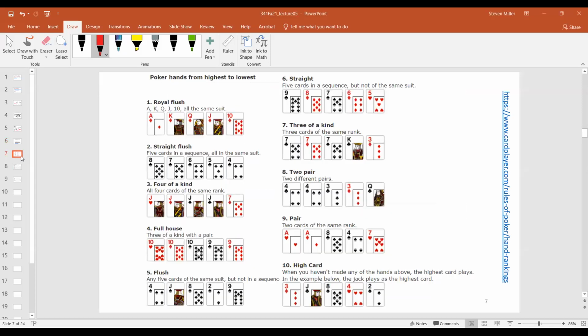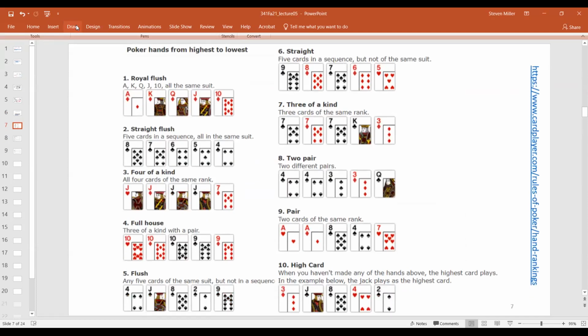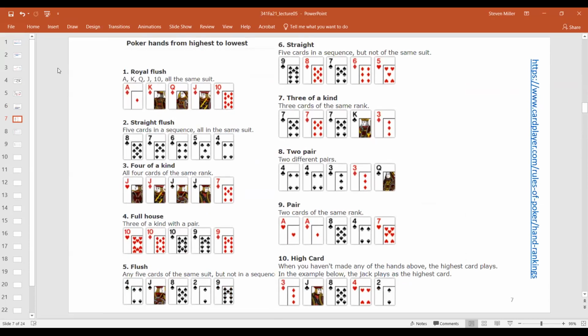So what I want to shift to now is poker. Okay, so if you've never played poker before, absolutely fine. Is there anybody who has not seen a standard deck of 52 cards? Somebody want to describe a deck of 52 cards?